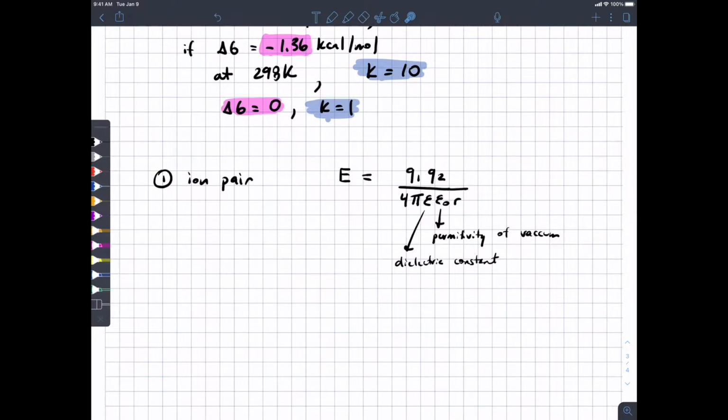The dielectric constant, let's see, in my notes it says, it's a measure of how responsive the medium is to an electric field, and therefore its ability to screen charges from each other by opposing the applied electric field. So if you have two charges in water, if the water molecules between them can orient themselves aligning with that field, they will actually prevent the charges from seeing each other to the same extent.